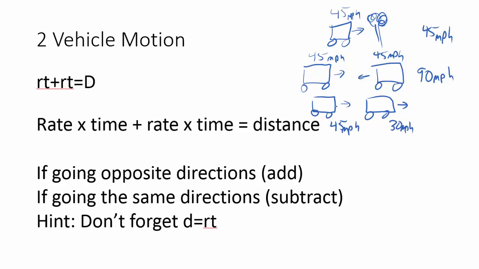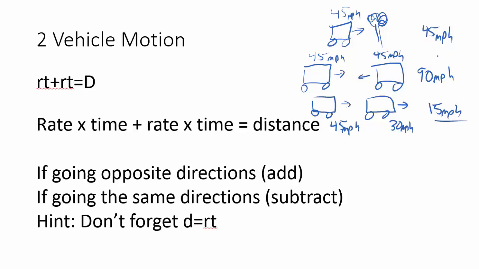Okay, so if this 45 mile an hour car bumps into this car from behind, we're going to actually subtract the speeds because this car is going to help take some of that 45 mile an hour motion away, whereas the tree wasn't moving, so the tree got hit harder. If this car is moving in the same direction as the car that's chasing it, we're going to subtract the speeds because relative to each other, this one's only going 15 miles an hour faster. So this is probably the least severe collision as far as things go.